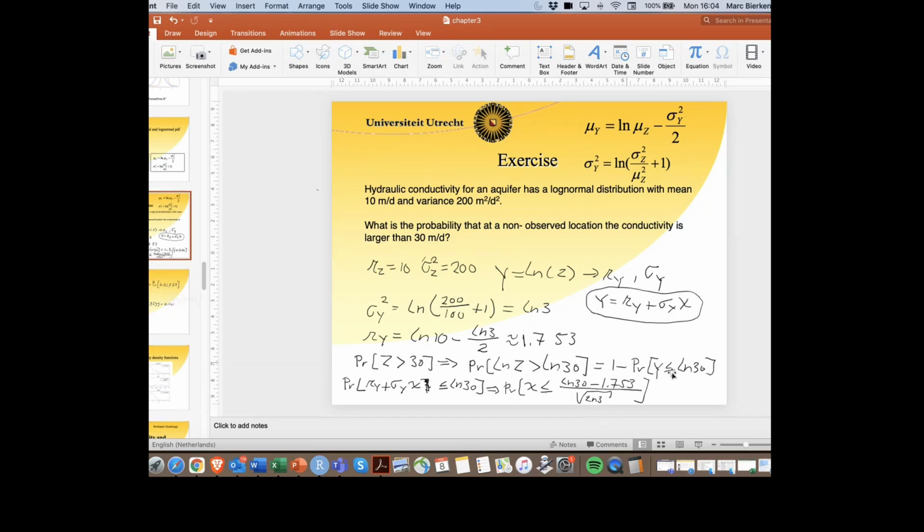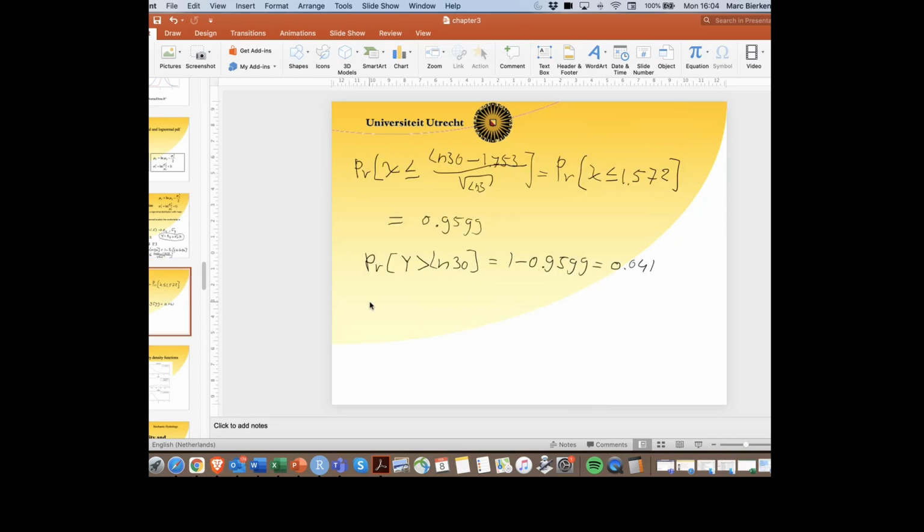And then we also make use of the property that the probability something is larger is equal to 1 minus the probability that it's smaller or equal. So we use three different properties of a random variable to calculate in the end the exceedance probability for the hydraulic conductivity being larger than 30 meters per day.